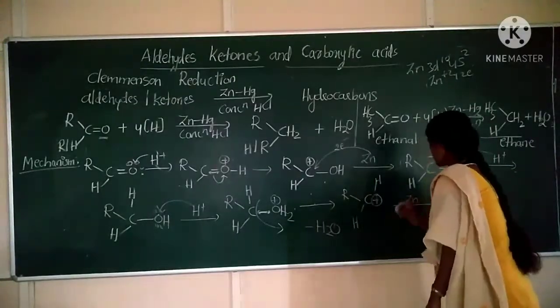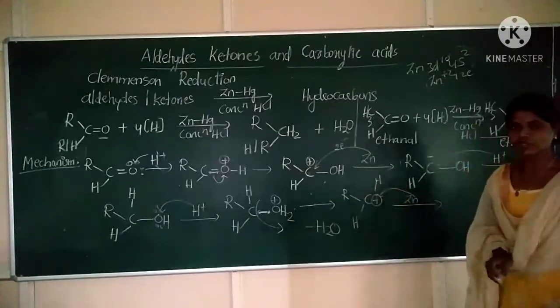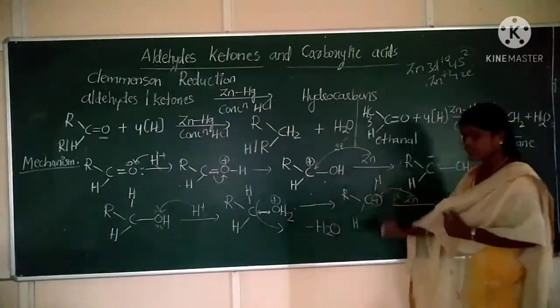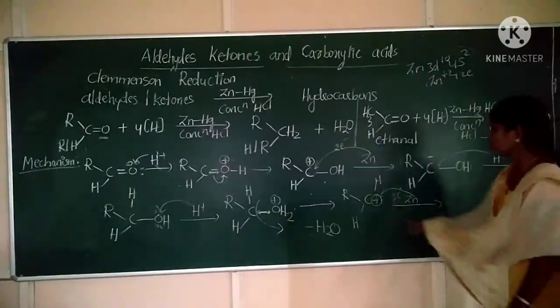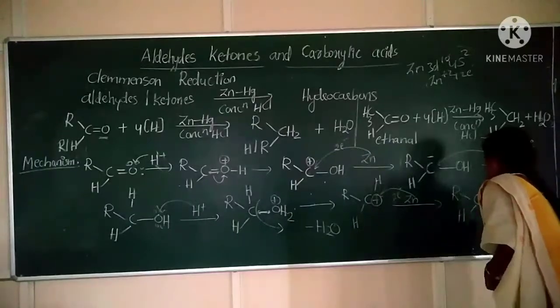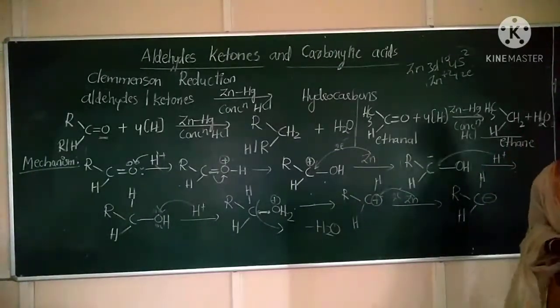Again we have zinc. So zinc is giving 2 electrons. When zinc gives 2 electrons, one negative charge and one positive charge will get cancelled. So R C H H. Now carbon will get negative charge.